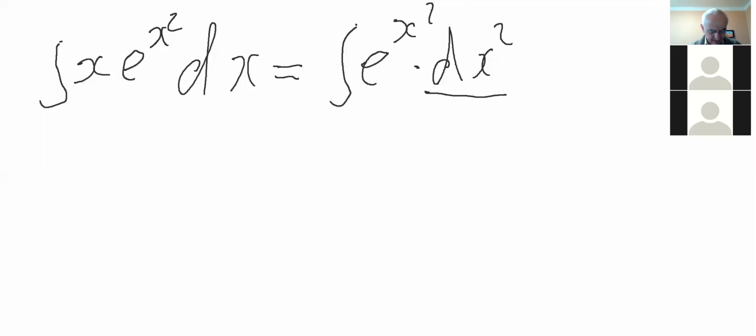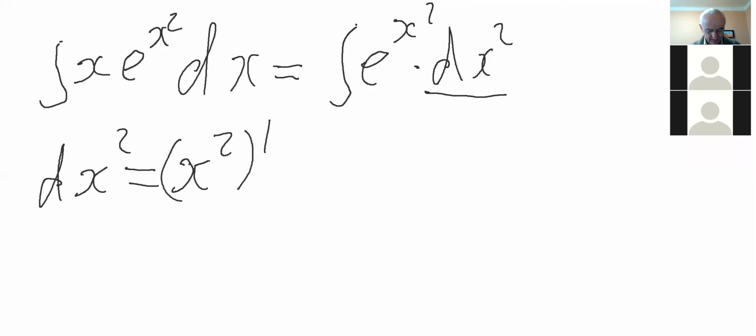Dx square, let's write it down here. It is the derivative of x square multiplied by dx. It equals 2x dx.